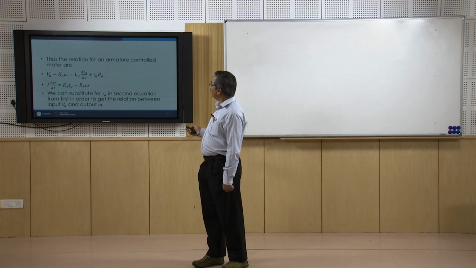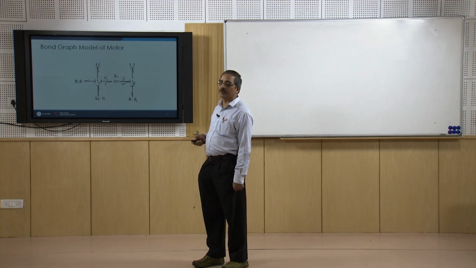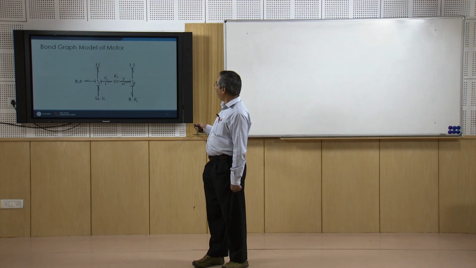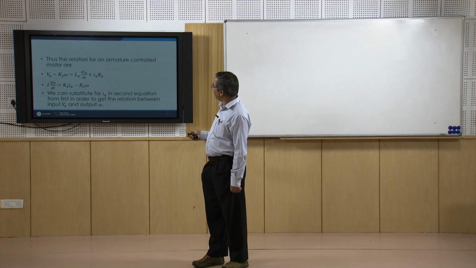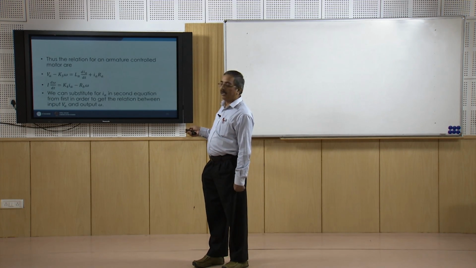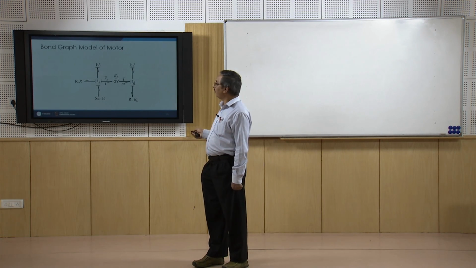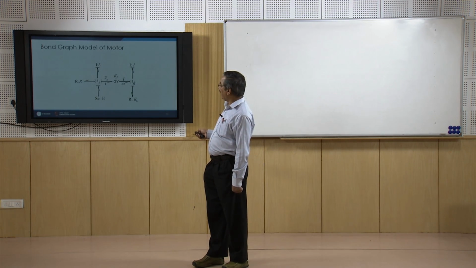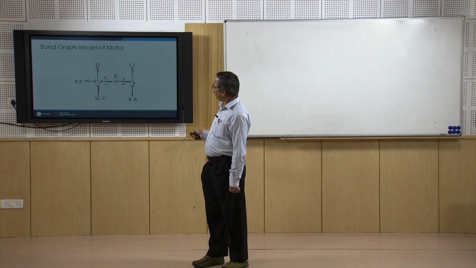Okay. Now, before we proceed further, I just wanted to show you the power of bond graphs. Both these motor equations can be represented, or modeled automatically, using this bond graph model. Here you can see the armature portion: the inductance of the armature, the resistance of the armature, and this is the voltage supplied.